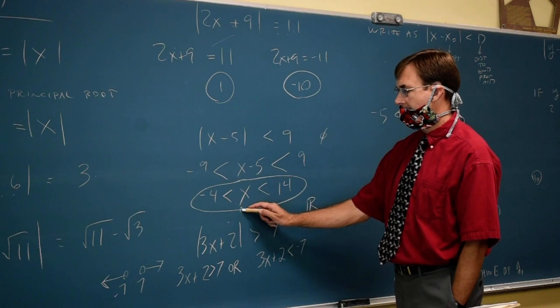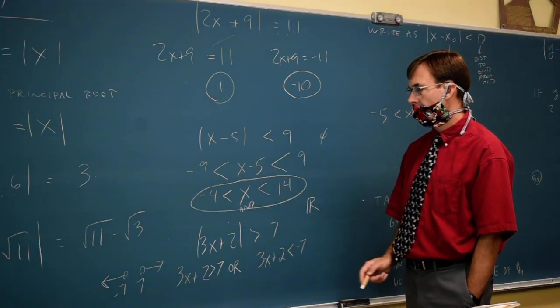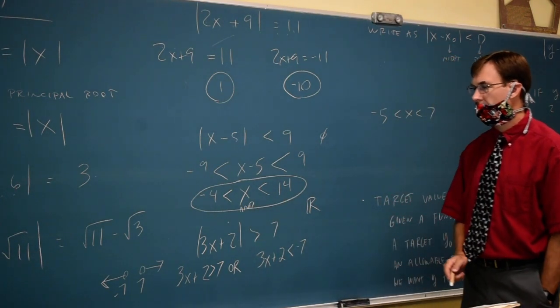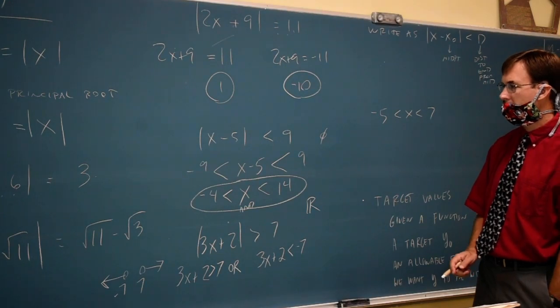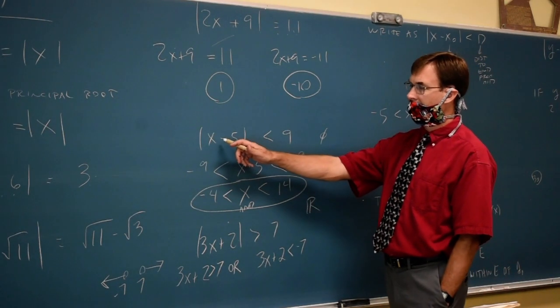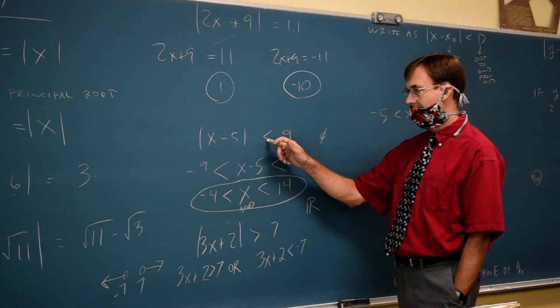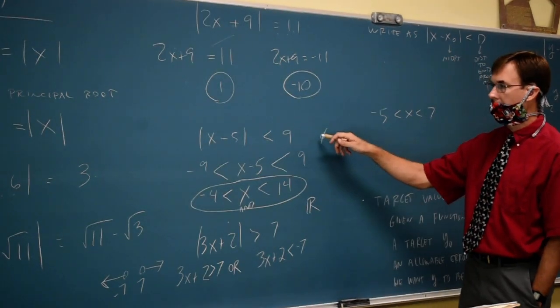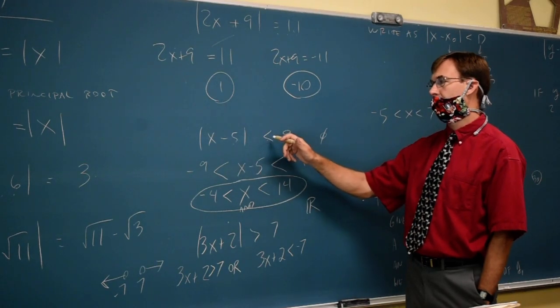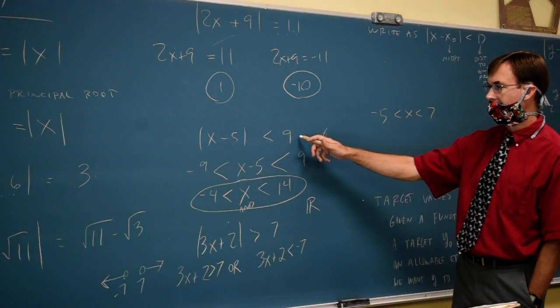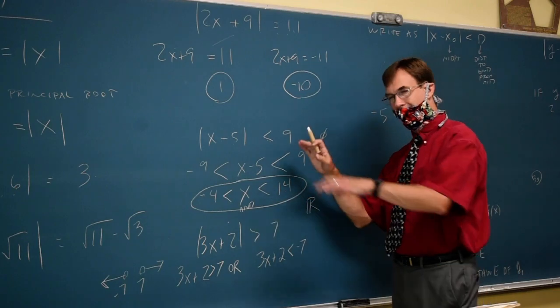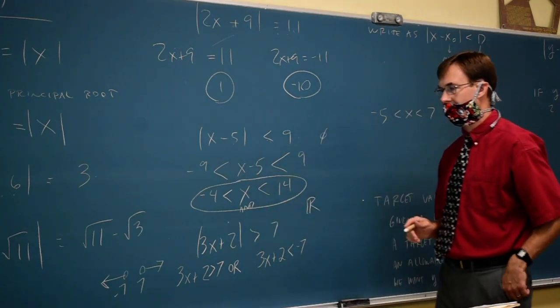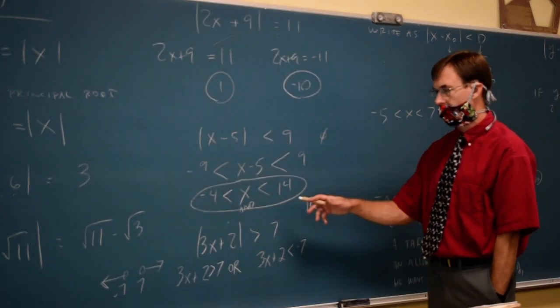This was actually an and story, but you didn't have to write the word and if you understood the less than sandwich. But we could have done this by going x minus 5 as is less than 9. Throw the word and in, go same thing, but go greater than the -9, and follow the scheme. You'd get to the same spot, but the ands we always did with less than sandwiches.